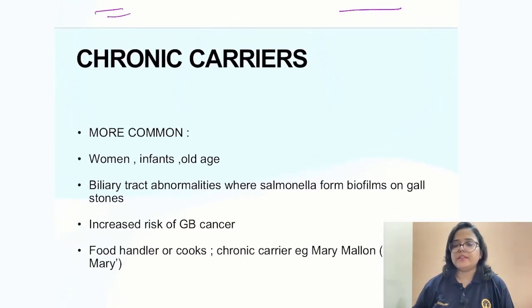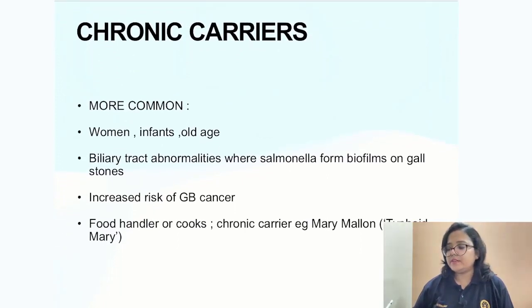Chronic carriers are mostly women, infants and the old, and those with biliary tract abnormalities, where Salmonella form biofilms on gallstones. They may be chronic carriers, which increases the risk of gallbladder carcinoma.